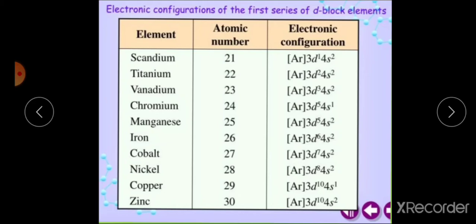Chromium has the electronic configuration argon 3d5 4s1. You can see the electronic configuration of copper is also different, argon 3d10 4s1, and zinc has the electronic configuration argon 3d10 4s2.